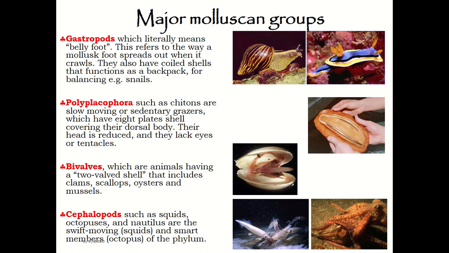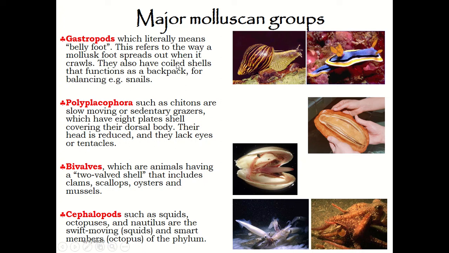Gastropods literally means belly foot, as you can see over here. This refers to the way a mollusk's foot spreads out when it crawls, like a snail, and also like a slug.